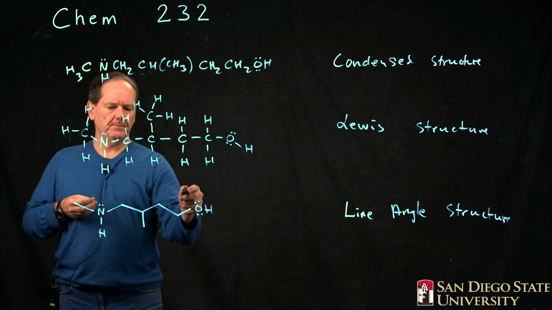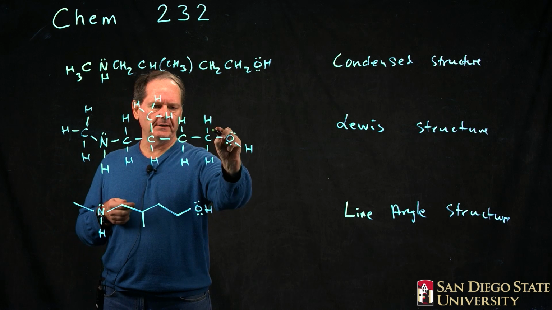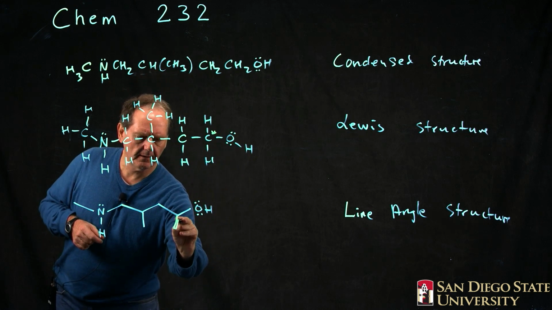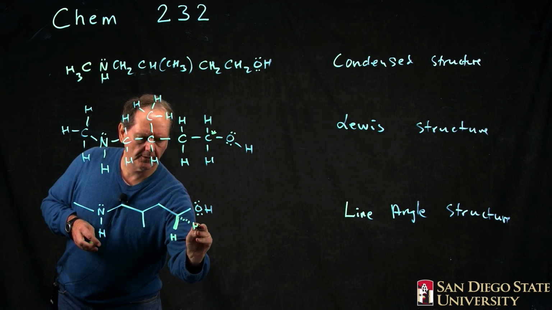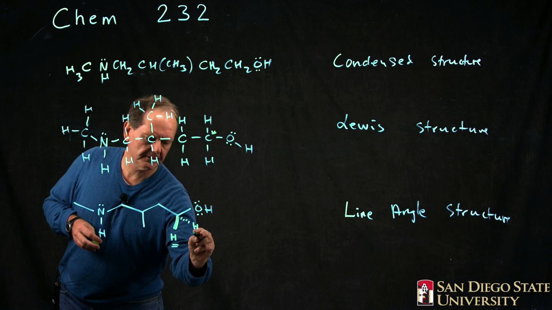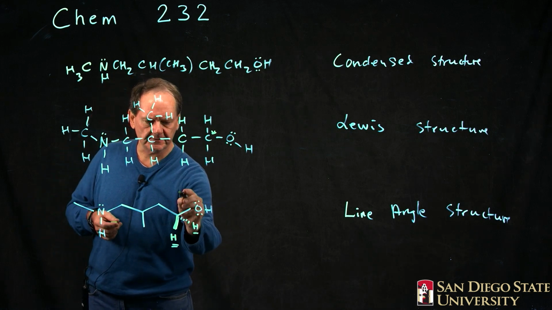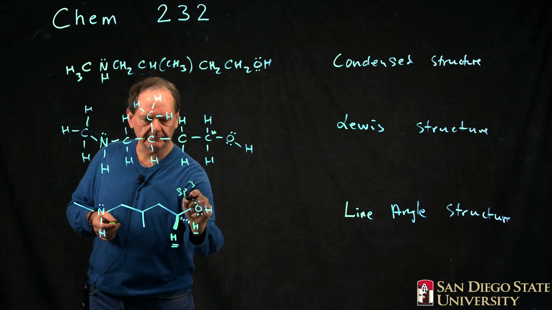Just so that we are on the same page, if you look at this carbon here, of course you have 2 hydrogens sitting here, but we haven't indicated that. One is pointing towards you, which is this one, and this one here is pointing behind the glass. So that would be an sp3 hybridization, for instance.